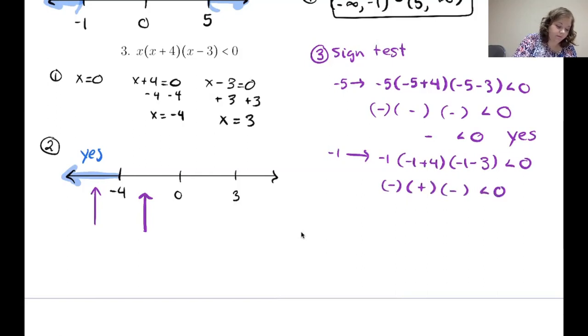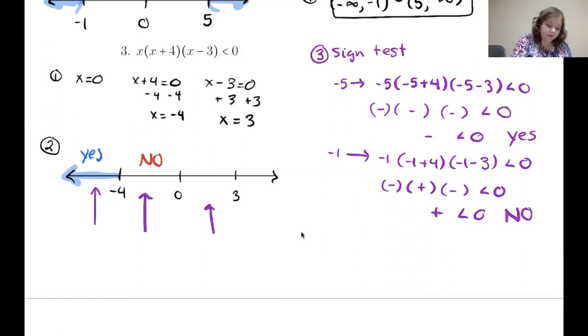And negative times negative is positive, which is not less than 0. So that is no. So no for that one. So no shading.